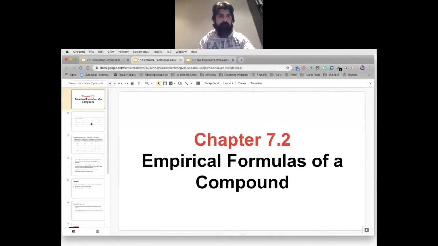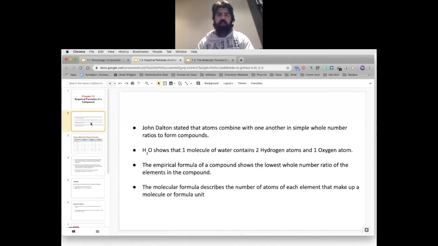Okay. So, John Dalton stated that atoms combine with one another in simple whole number ratios to form compounds. H2O shows that one molecule of water contains 2 hydrogen atoms and 1 oxygen atom. If you ever look at a formula, you'll notice that no formula has any decimals.